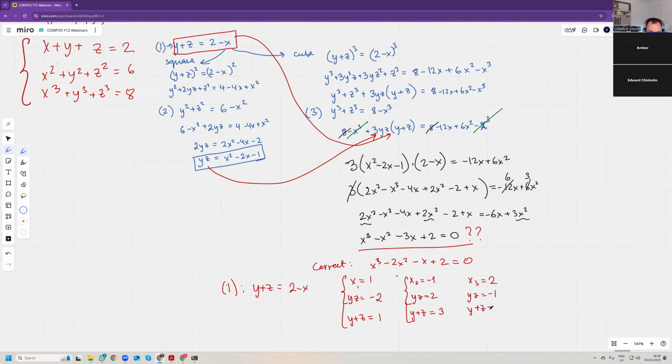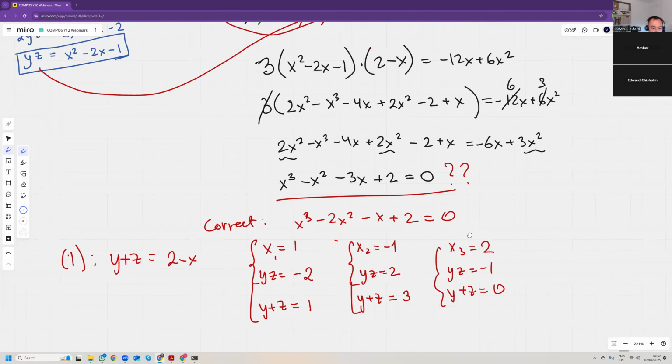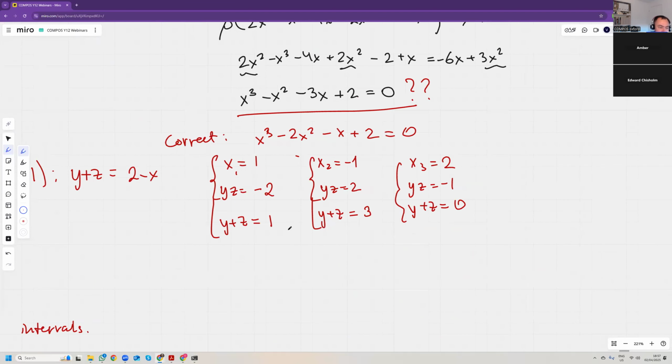And for the last, y plus z is 2 minus x, so that's 0. And then we solve these. So from here, we have x equals 1, y is equal to 1 and minus 2, so y equals minus 2 and z equals 1.